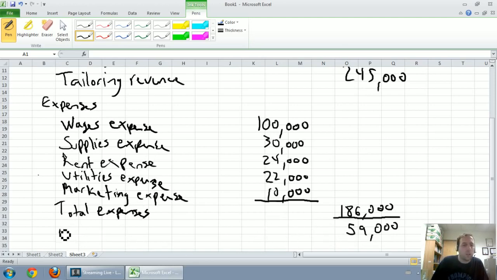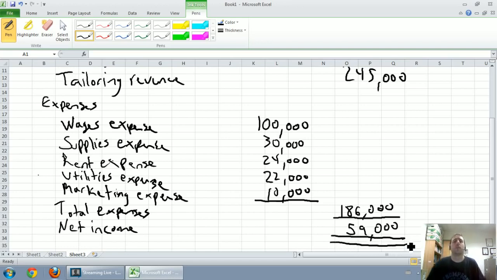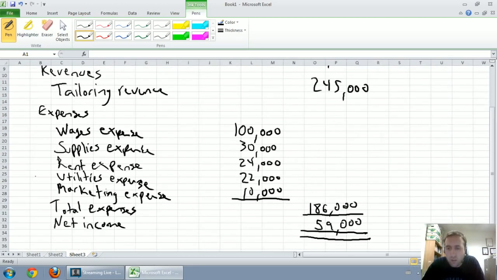This is a total. It's called our net income. Because it's the bottom line of the financial statement, because it's such a key line, we underline it twice. So, zooming out a little bit, we've got our revenues minus our expenses equals our net income. You can see this company made $59,000.